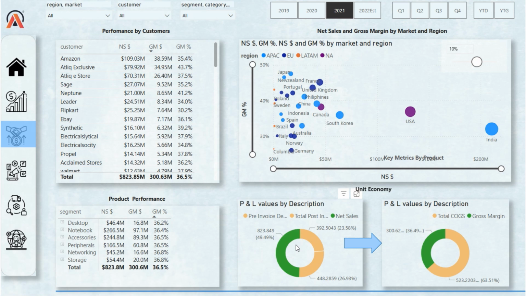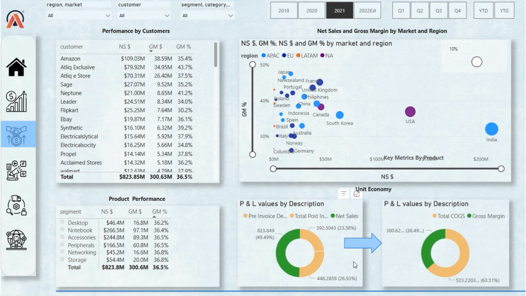And here is the P&L-wise description. Basically, what was the pre-invoice deduction? What is the total post-invoice deduction? And what is the net sales? So if we conclude, half of the value is net sales, and then we are giving half of it as a discount, which we can see in the pre-invoice sales reduction and post-invoice sales reduction.